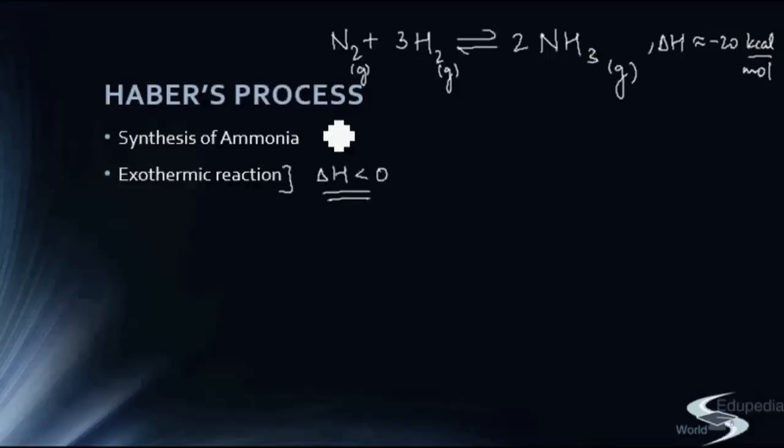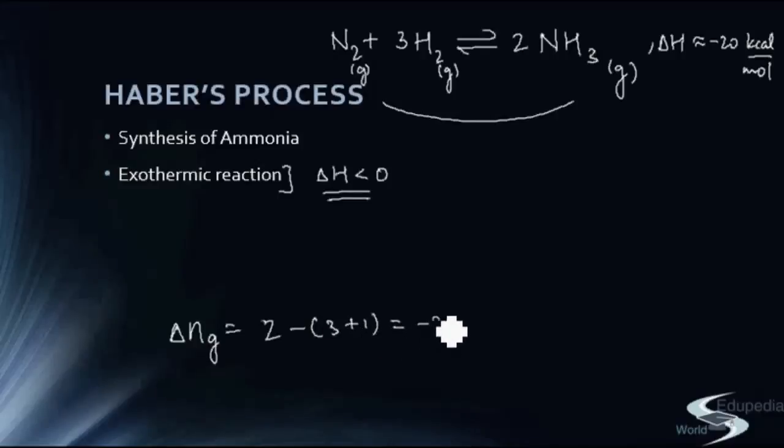For now, if we look at the stoichiometry of this reaction, delta Ng, that is the stoichiometry of products minus the stoichiometry of reactants, is 2 minus 4, which is minus 2, that is less than 0.